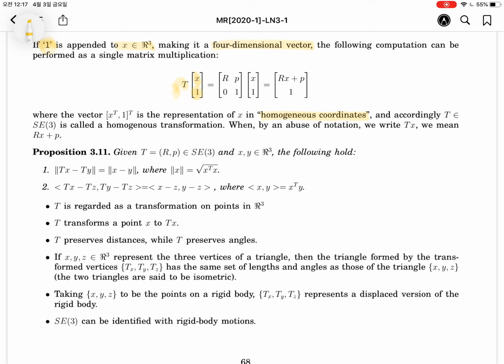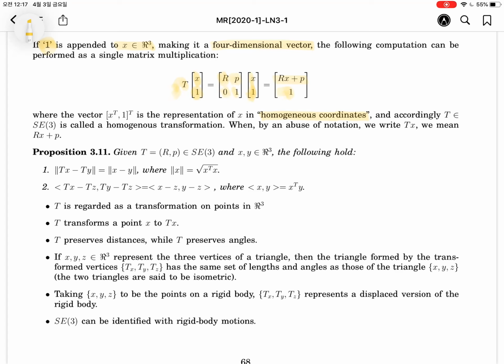So let's calculate. T has R, P, 0, 1, then x and 1 are applied to it. Then we have Rx plus P, and then 1. This 1 implies the homogeneous coordinate.